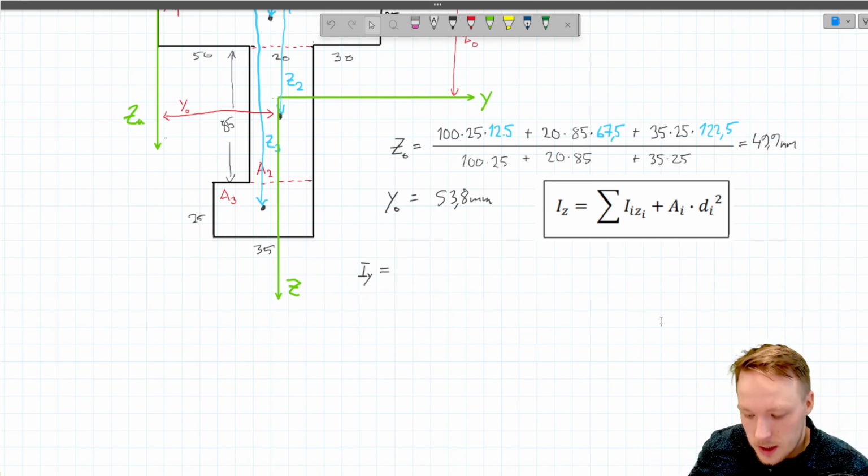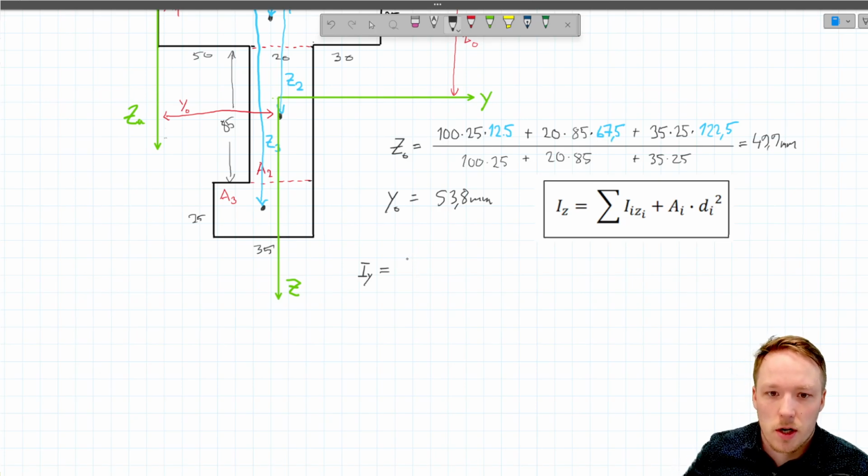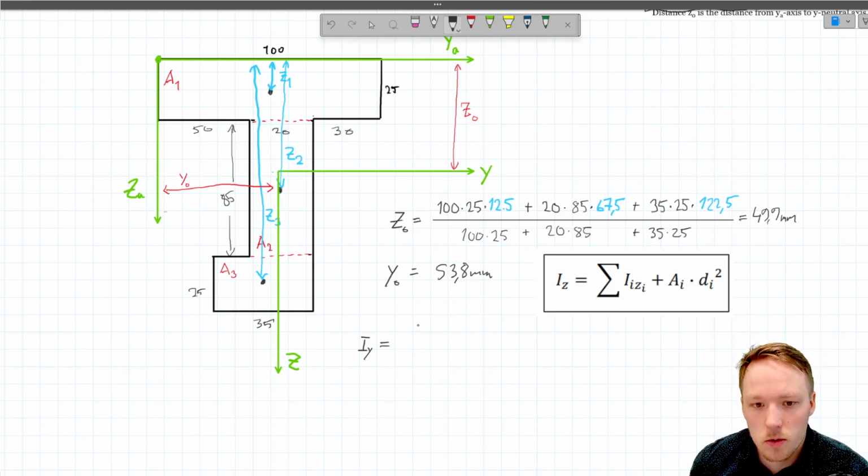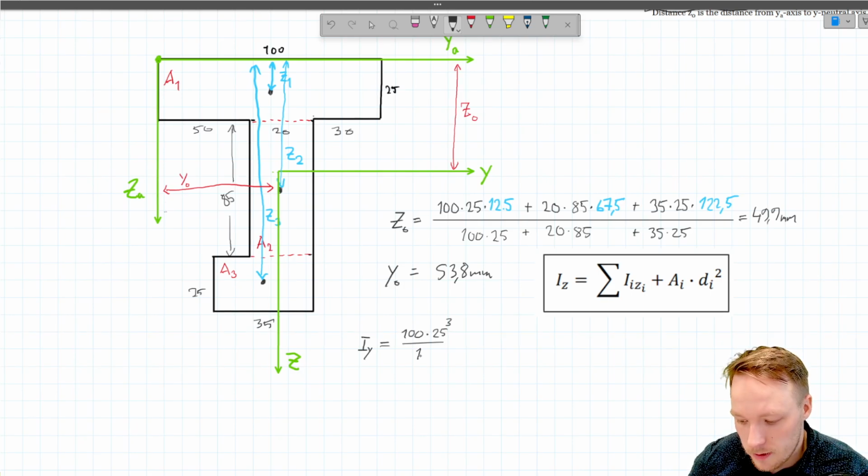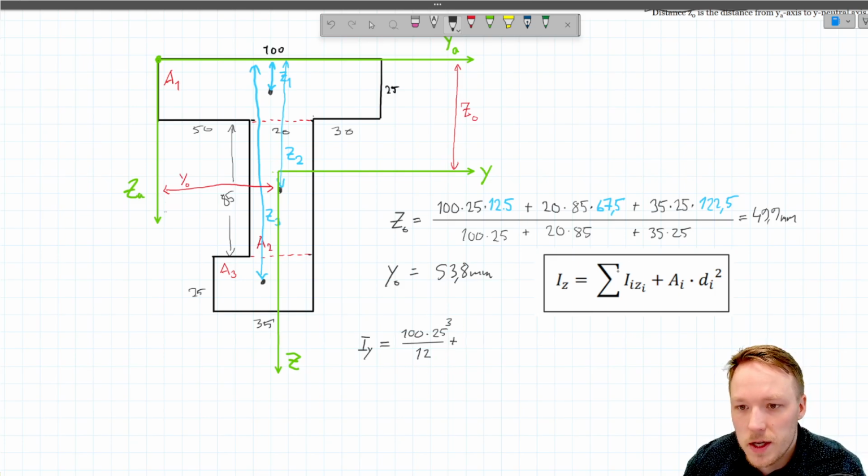And how it goes is that we first take the second moment of inertia of area 1 around its own neutral axis, which is 100 millimeters, which is the width of that profile, times 25 power to 3 divided by 12, plus, so this here is now this part of the equation.